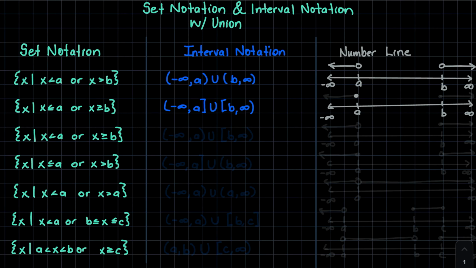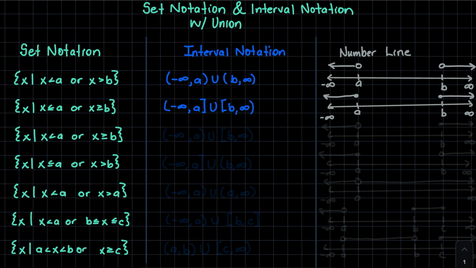Now a is included, so we have a closed circle. B is included, so we have a closed circle. Again, you can see you can't fall in both sets. You're either in one or the other, but this time you can be a or you can be b.